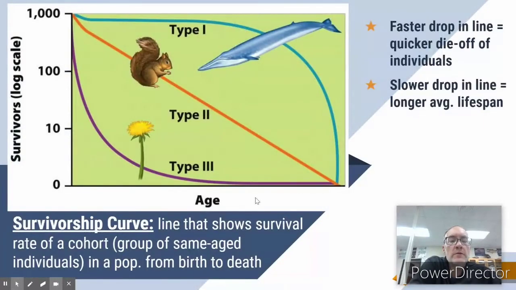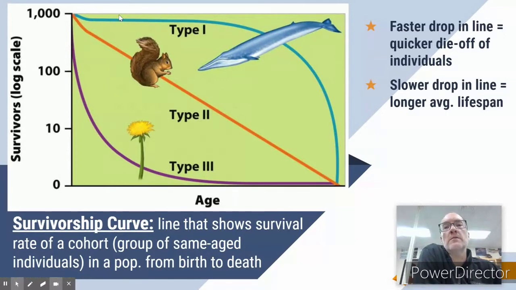So survivorship curve, you can see there's 3 examples. And again, it shows survival of a group, a cohort of a species, the same age in a population from birth to death. The faster the line drops, the quicker the die-off for those individuals.